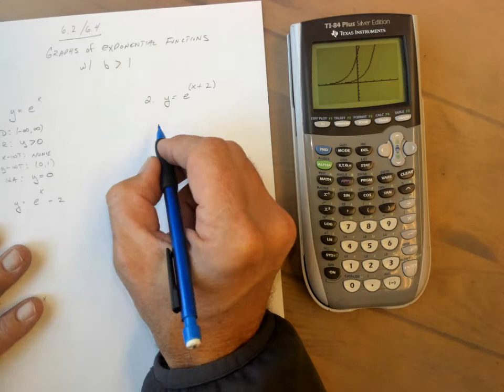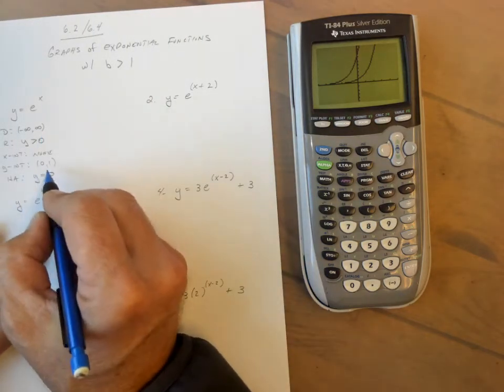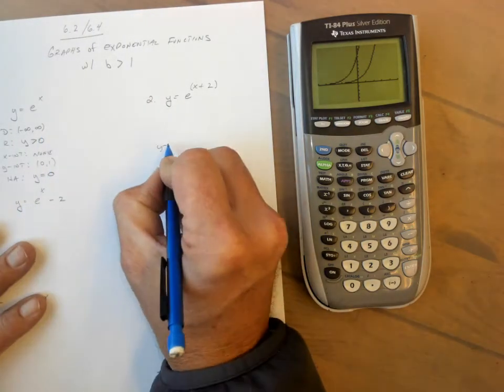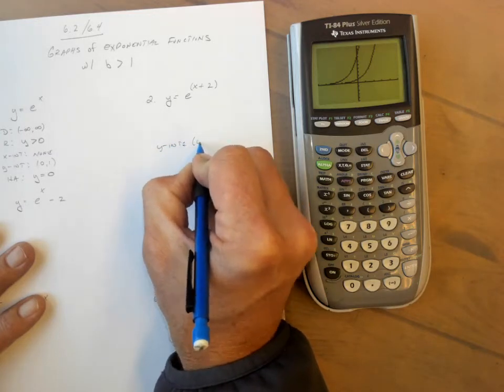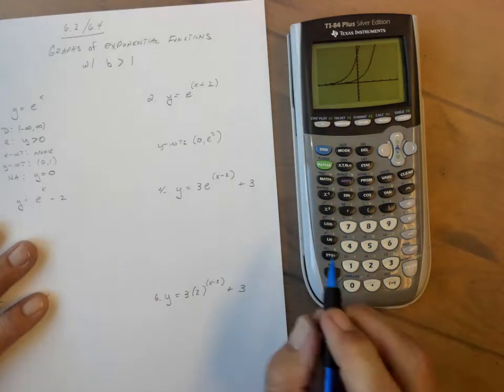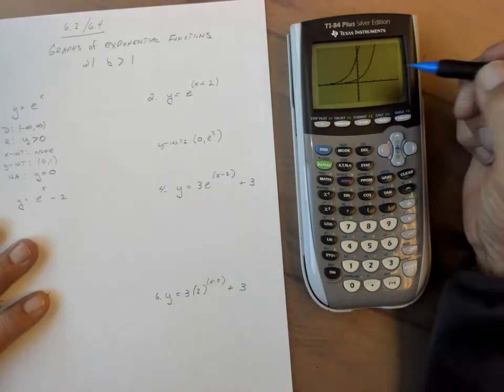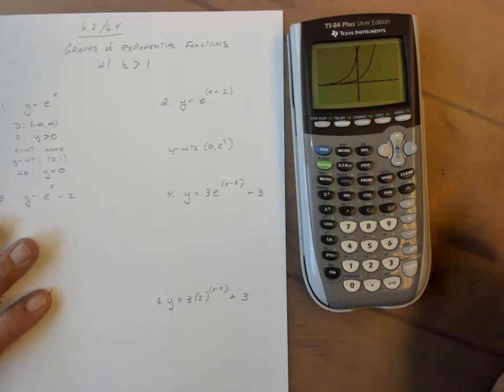And so our domain and range, all of this has stayed the same. The difference is our y-intercept. If I plug in 0, we're going to get e squared, but all the rest stays exactly the same, but you can see that our graph is moved 2 units to the left.